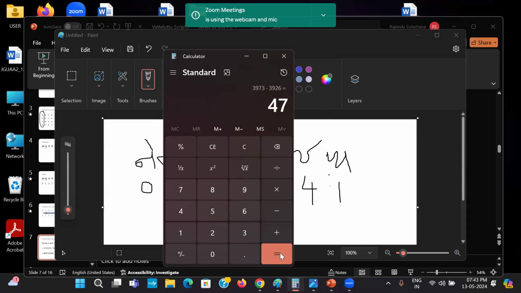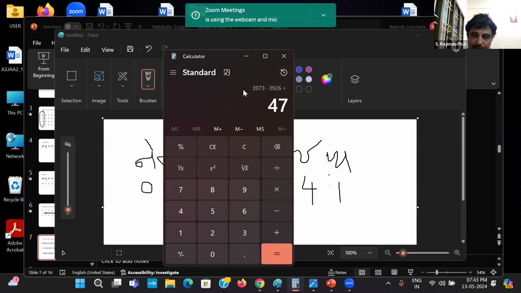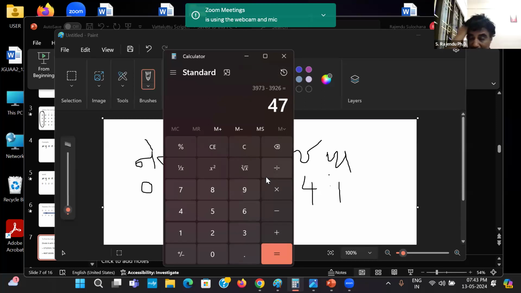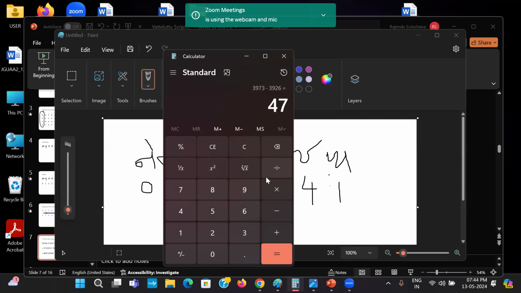I think if you take the second number from the first number, it will go negative. If it goes negative, it is wrong, because at that time they didn't have any system like this. Remember, 3973 minus 3926 equals 47.